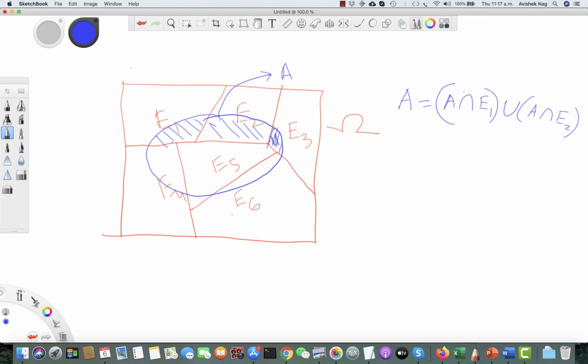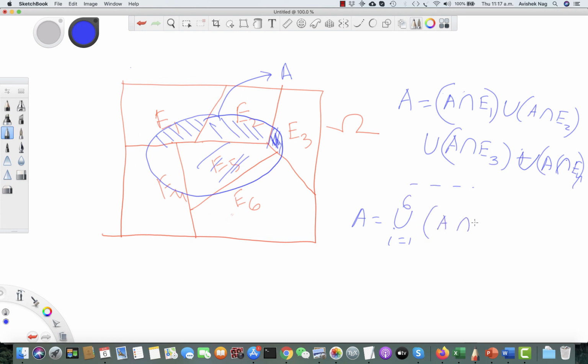Then this part is A intersection E3, so you can again write union of A intersection E3, and then you can write this part, the union of A intersection E4. In this way, you can write A as the union of i equal to 1 to 6 of A intersection Ei.